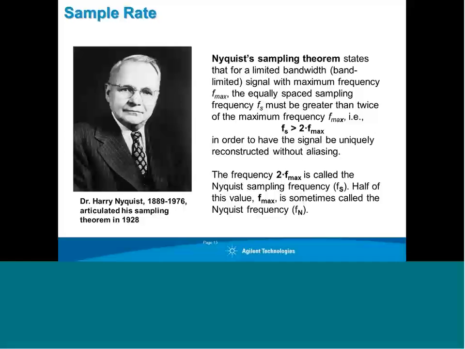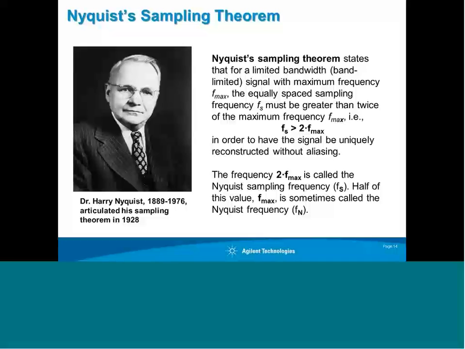Now let's see why. First of all, let's take a look at Nyquist sampling theory. Dr. Harry Nyquist, along with another gentleman by the name of Dr. Shannon, came up with this sampling theorem. What the sampling theorem says, for a limited bandwidth signal, and this is not talking about scope bandwidth, this is talking about limiting the frequency of the input signal, the maximum frequency, is that the equally spaced sampling frequency, Fs, must be greater than twice the maximum frequency, Fmax.